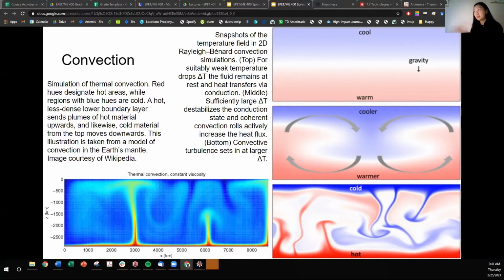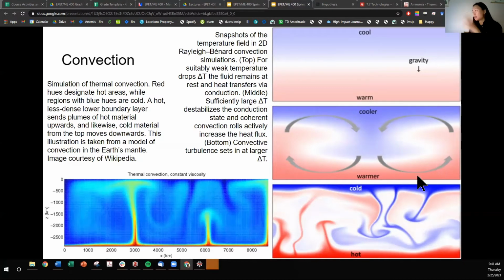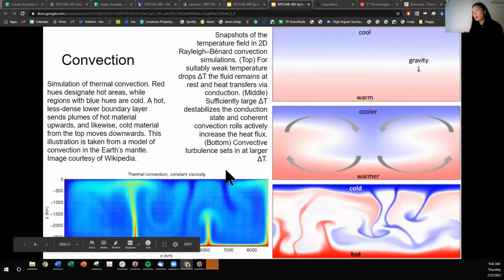So I just wanted to show you pretty pictures about how it works conceptually. We have a cool medium and we have a warm medium, and due to gravity, there's this circulation that happens. Cooler gases are more dense than warmer gases, so there's this convection that's happening.